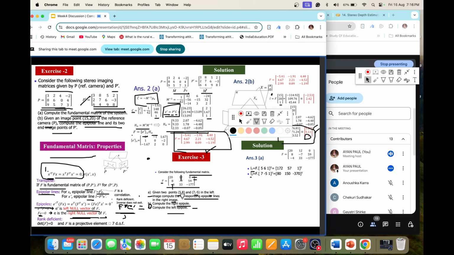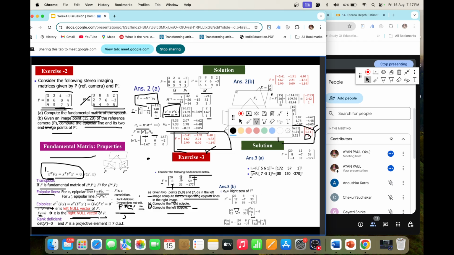Now about B, that is again very easy. I have told you that it will be given by F transpose dot e dash. We assume e dash as er1 er2 1, and F transpose is nothing but the transpose of F. So 28 4 is our first row, 12 minus 7 33 is our second row.